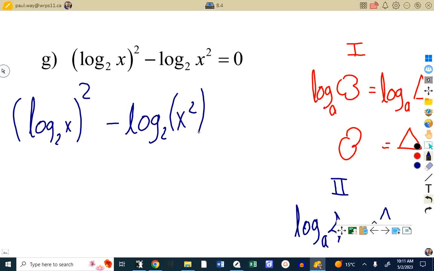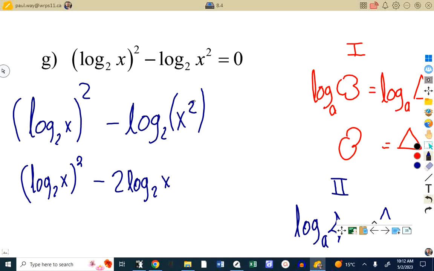This squared on the log base 2 of x is not an exponent of the argument, so you cannot move it down, because the rule says you move it down if it's an exponent of the argument. This 2, on the other hand, I can move down in front. Now, there's a lot of 2's floating around here. The 2 that I move down in front is the exponent on the x. And this is equal to 0.